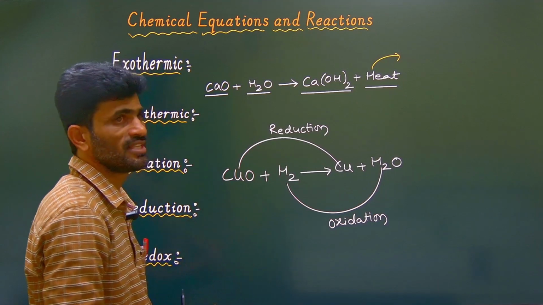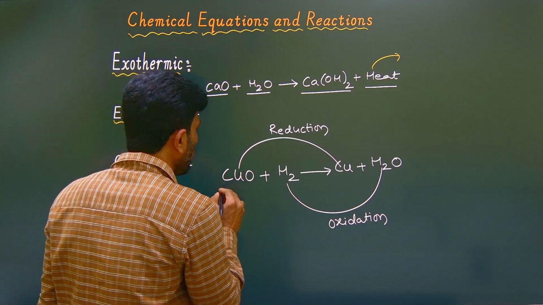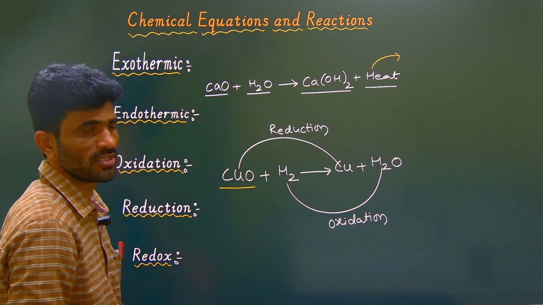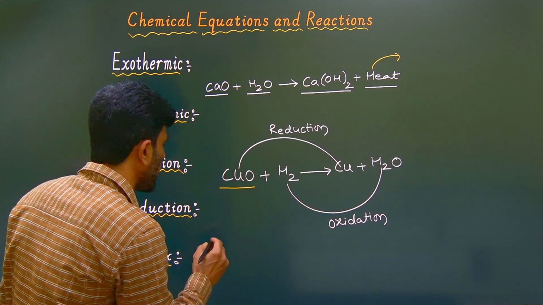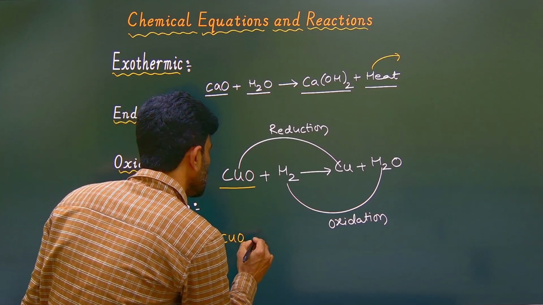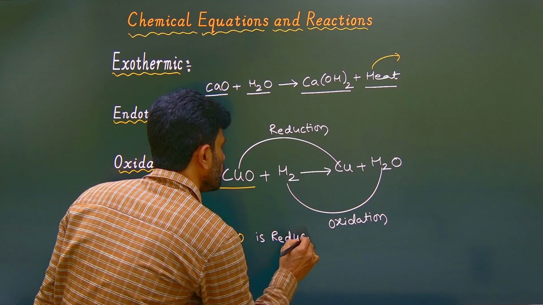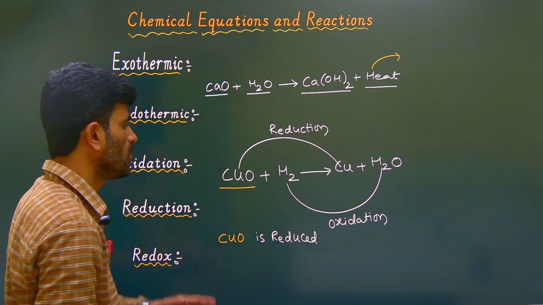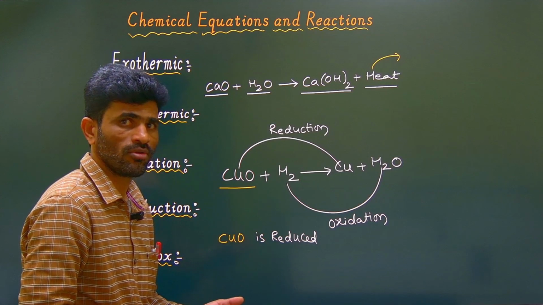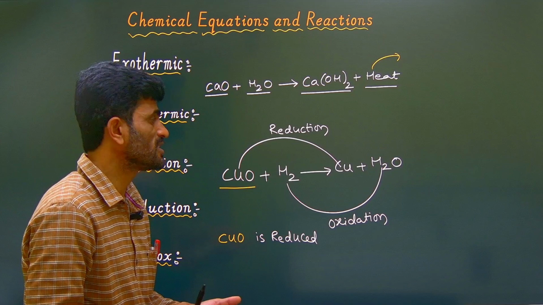So now we have to decide which got oxidized, which got reduced. If you see carefully, in CuO, before the reaction oxygen is there, after the reaction oxygen is not there, oxygen is removed. So what happened to CuO? CuO is reduced because oxygen is removed. You have to keep those points in mind.